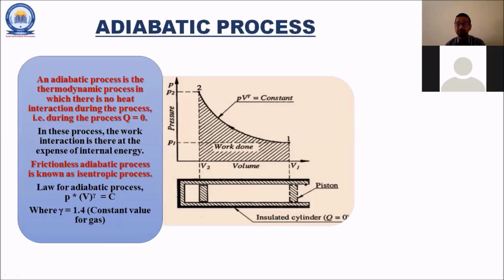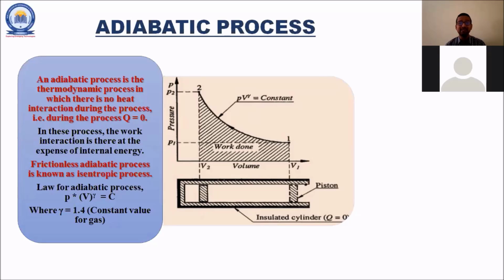Dear friends, remember the definition of the adiabatic process. It is one of the important points. An adiabatic process is a thermodynamic process in which there is no heat interaction during the process.